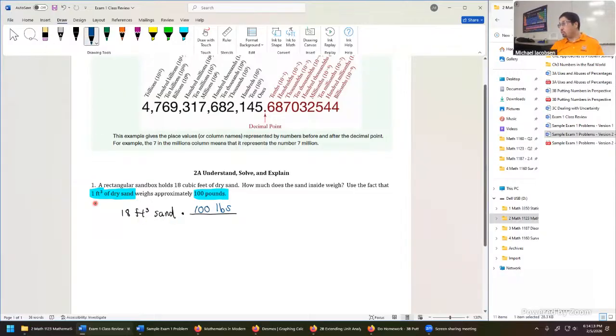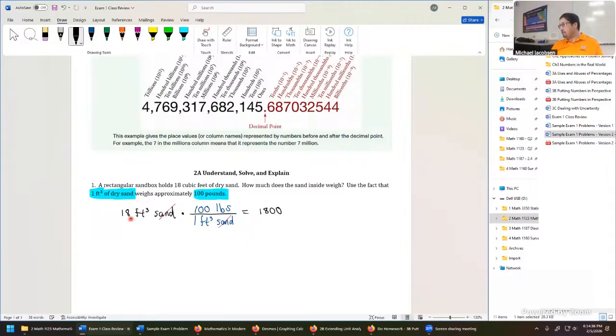So we take this part, 1 cubic foot of sand, put it down below. And this is the whole major idea of both units 2A and 2B at once. We know we're on the right track to just multiply by 100 if the units cancel out in this kind of way. Then multiplying this by 100 is just throwing in 2 zeros.